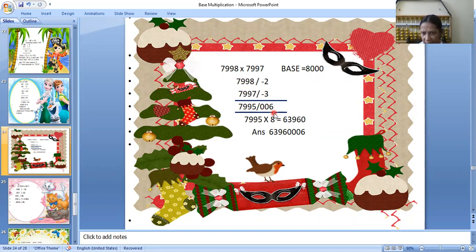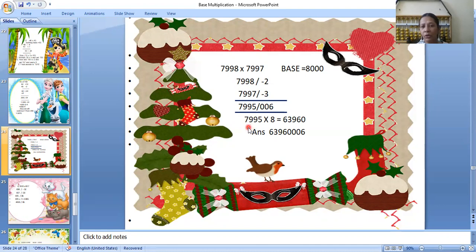I have written here 3 terms. And here you see 7998 minus 3, or 7997 minus 2. You will get 7995. But now you know you have done the same work in previous questions also.